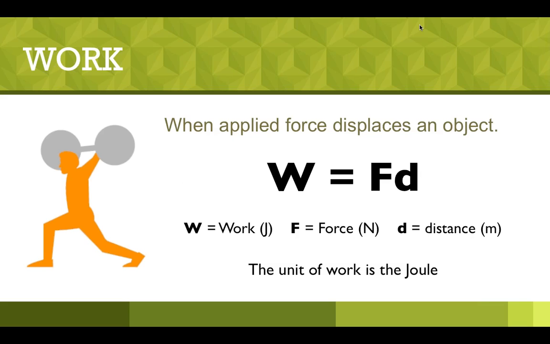Now the unit of work is the joule, and it can be abbreviated with just a capital J. It's calculated by taking a force that is applied to an object in newtons multiplied by the distance that the object moves in meters. So work equals force times distance.